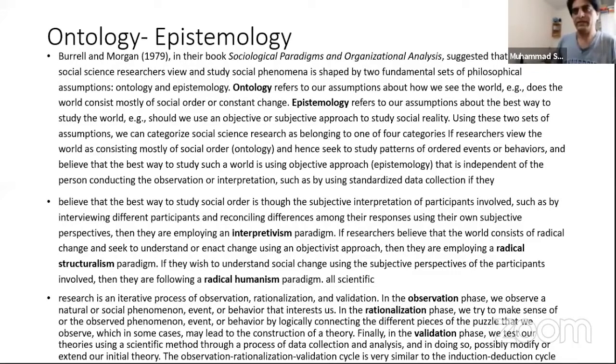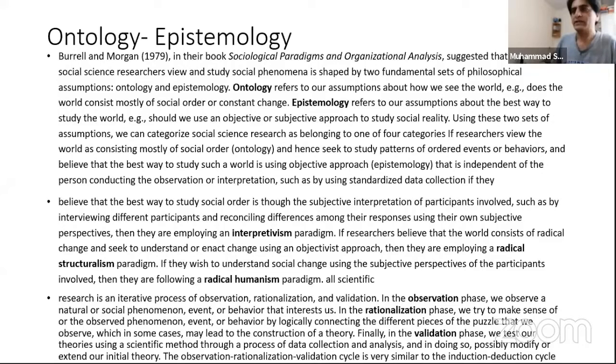believe that the best way to study social order is through the subjective interpretation of participants involved, such as by interviewing different participants and reconciling differences among their responses using their own subjective perspectives, then they are implying an interpretivism paradigm.